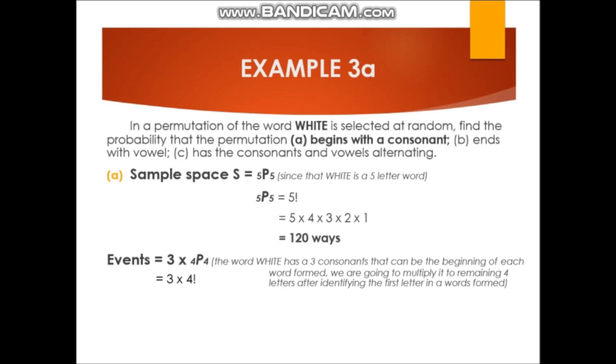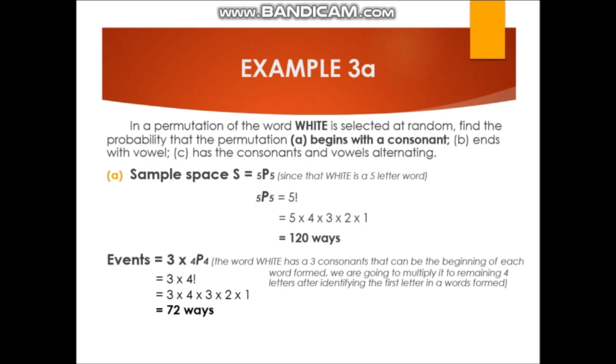Okay? In that case, ginawa natin siyang 3 times 4P4 or just simply 3 times 4 factorial. Okay? Or equivalent to 3 times 4 times 3 times 2 times 1, which is equivalent to 72 ways. Ibig sabihin, ang mabubuo pala natin na arrangement na nag-i-start sa consonant letters is 72 ways.